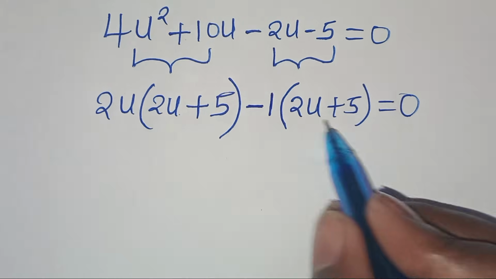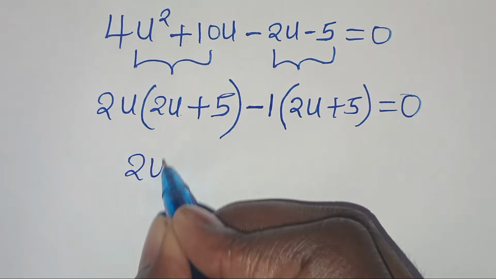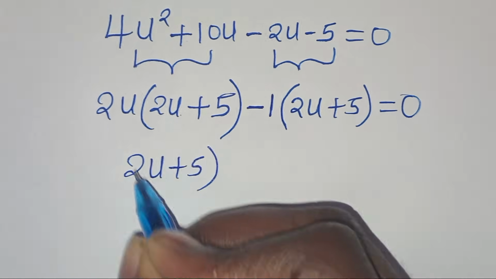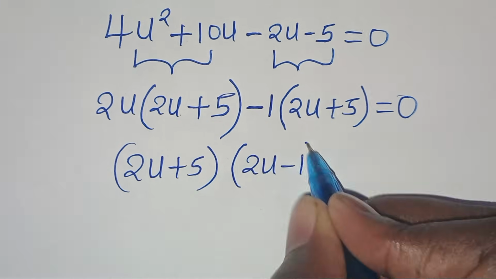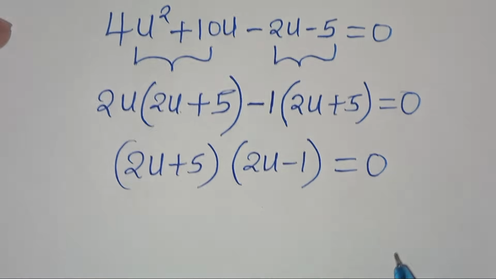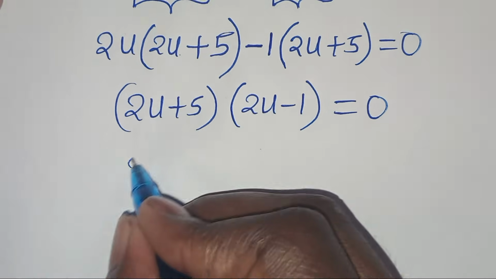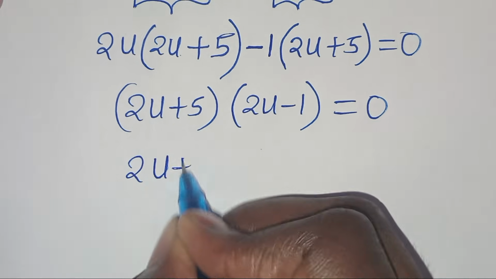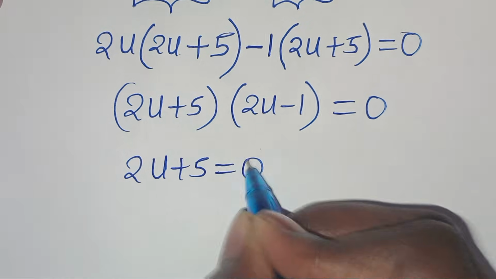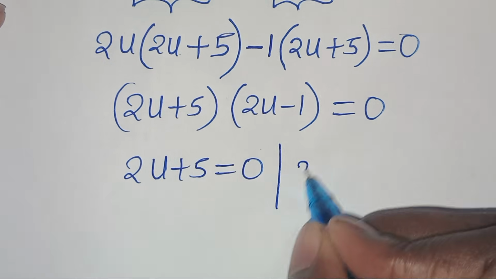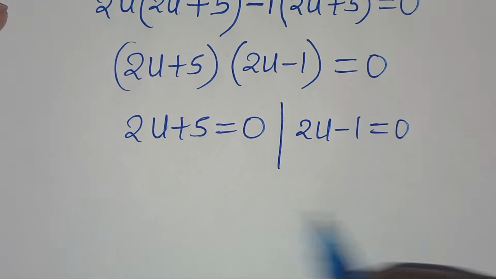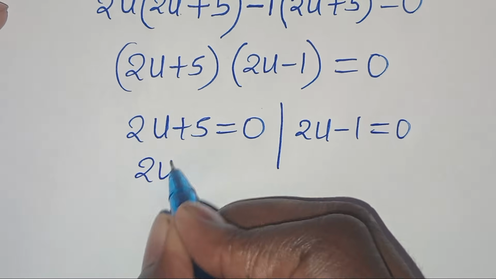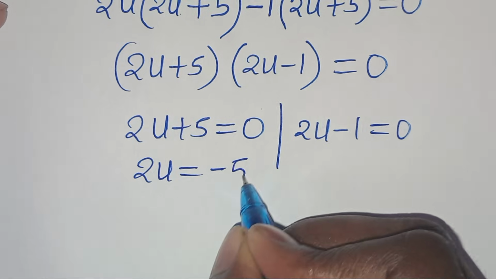So 2u plus 5 is common here. Then we have 2u, subtract 1, this is equal to 0. So we have got two parts here: 2u plus 5 is equal to 0, and 2u minus 1 is equal to 0. So this means that 2u is equal to negative 5.